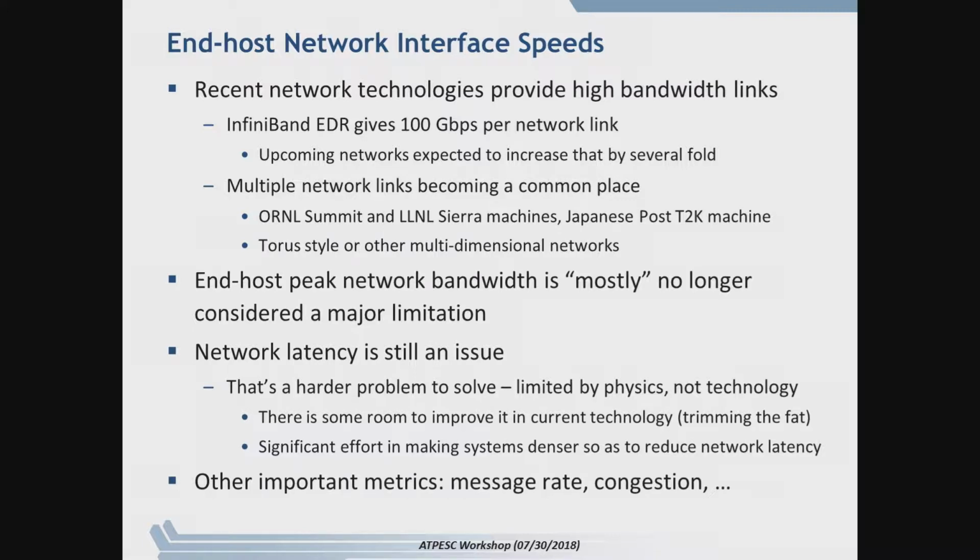The next bullet says end host peak network bandwidth is mostly no longer considered a limitation. I don't have the diagrams like in the Summit talk, but for the most part, being able to fully saturate the network, pushing enough data onto the network, is not an issue anymore.